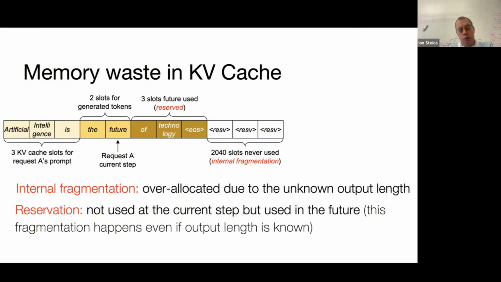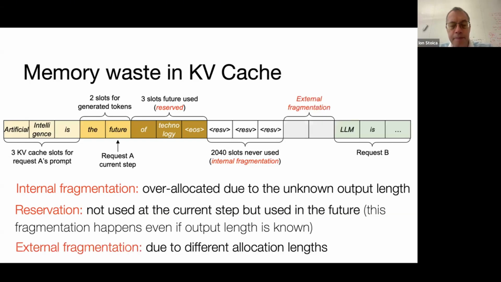Yes, you are going to use 100 tokens, but not from the beginning. Initially, you generate the first token, so you use only one, and 99 are still unused. Then you generate the next token, you use two now, 98 are still unused, and so forth. So still a lot of wastage.